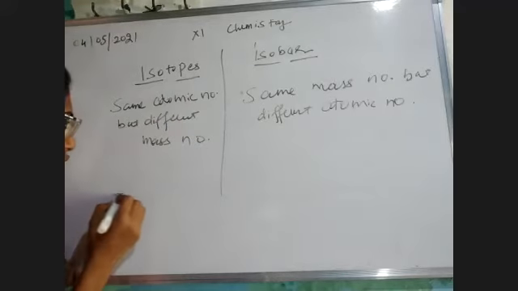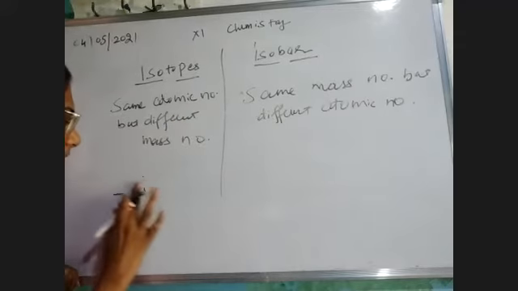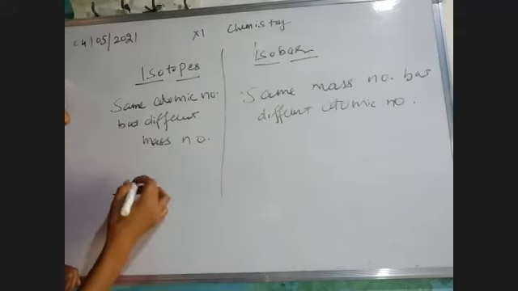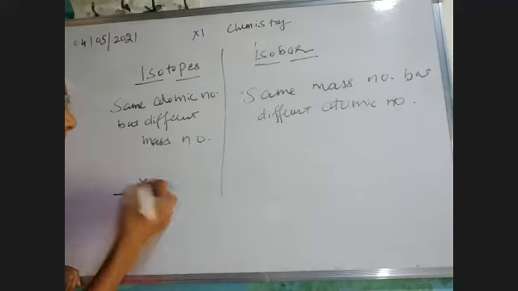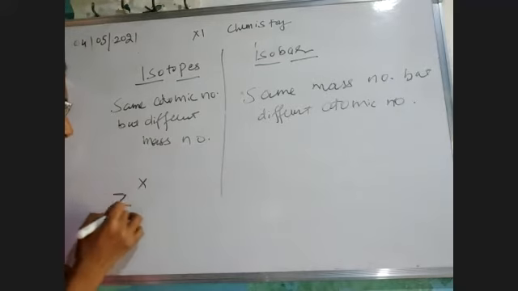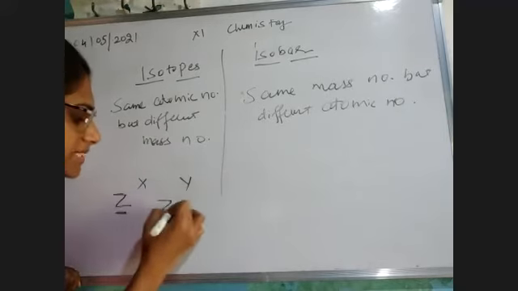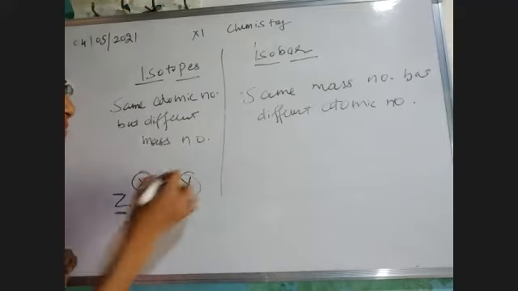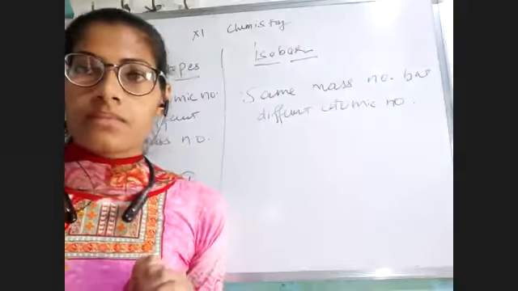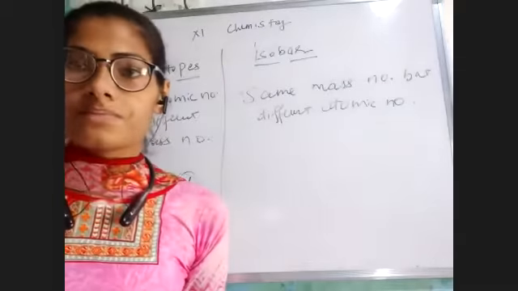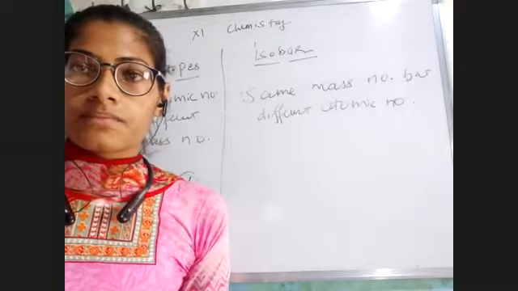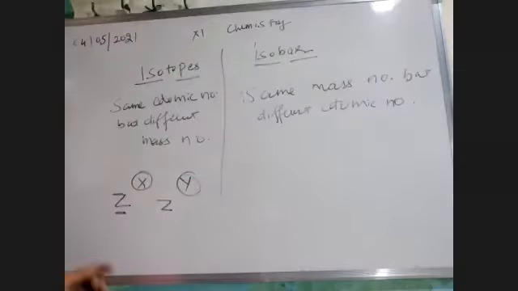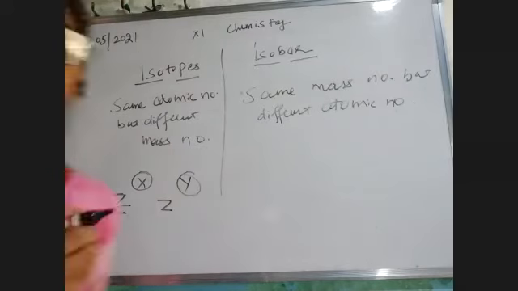That means this lower subscript, which I'm calling X, must be the same for both atoms. Should X and Y be equal, or in isobars should they be equal? Let's find out. Let's take the example of hydrogen.